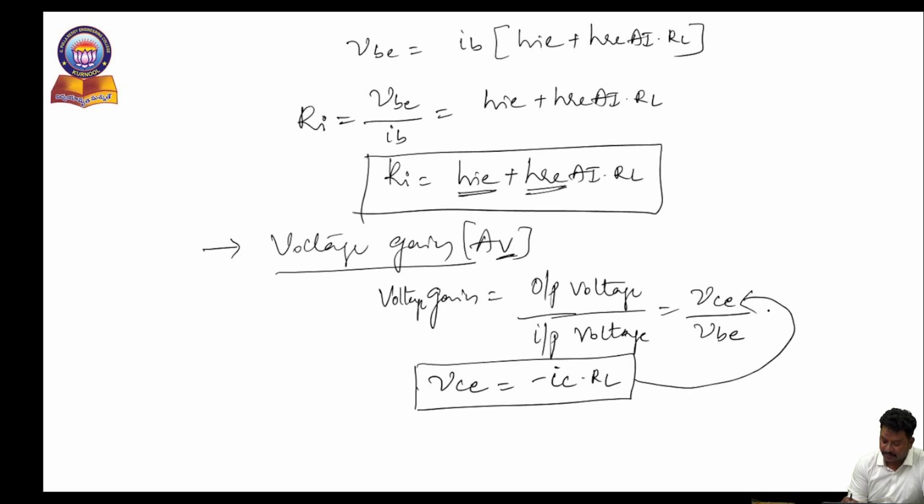Substituting this VCE value, voltage gain AV is VCE by VBE, which becomes minus IC into RL by VBE.